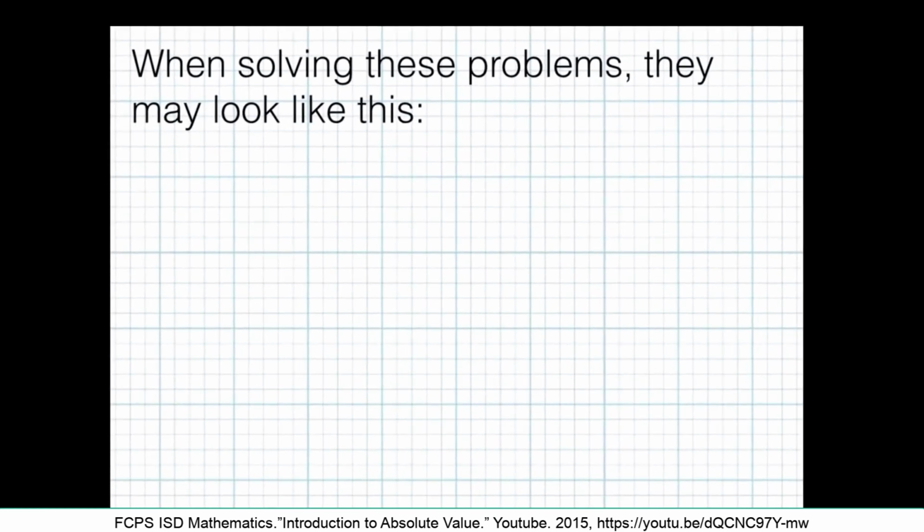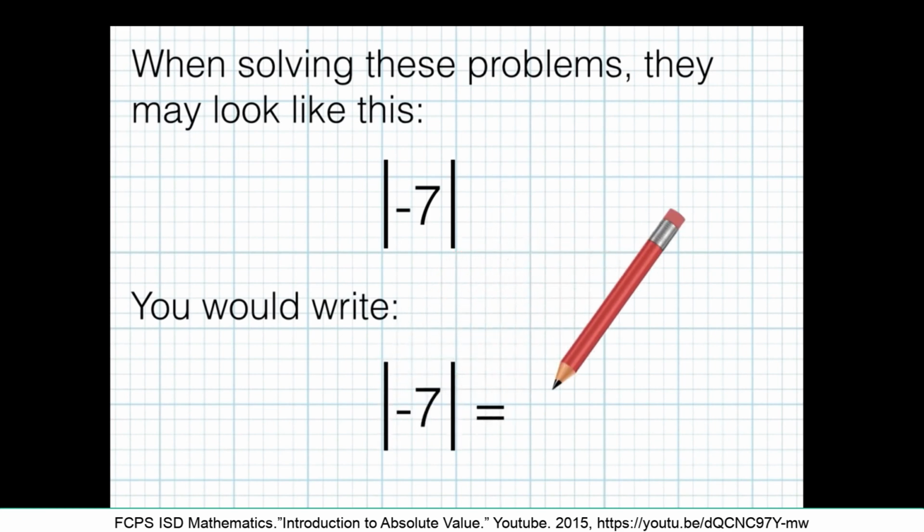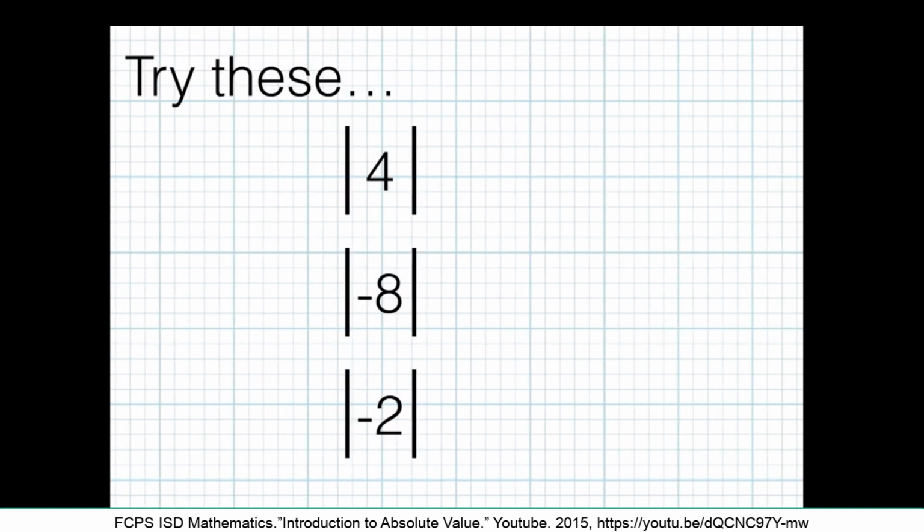When solving these problems, they may look something like this. You would write, the absolute value of -7 is equal to 7. Try these. Ready to check your work?